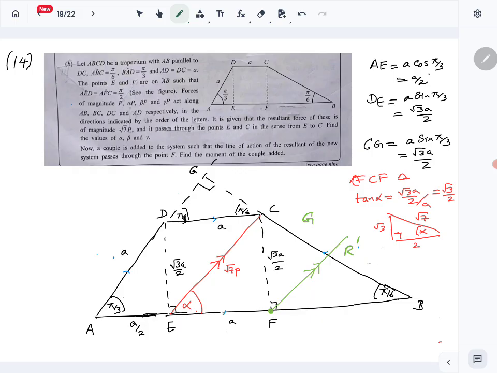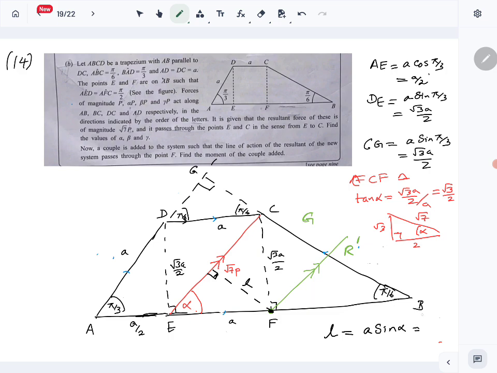Taking moments about F, I need the perpendicular distance from F. Let's say this length is L. From this triangle, this angle is alpha and this length is A. So L is A sine alpha.